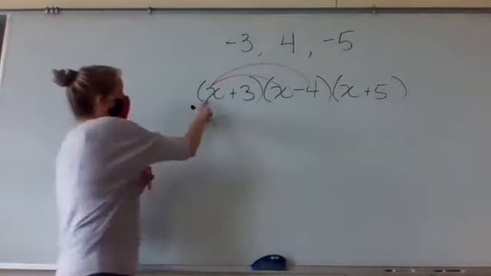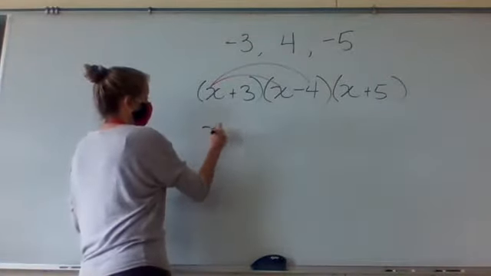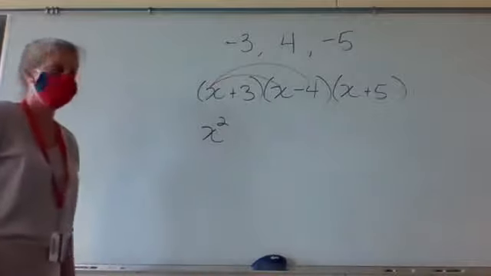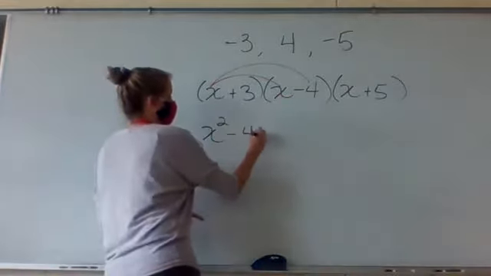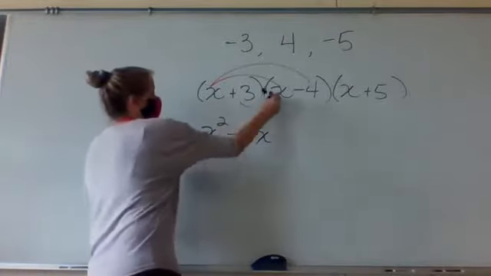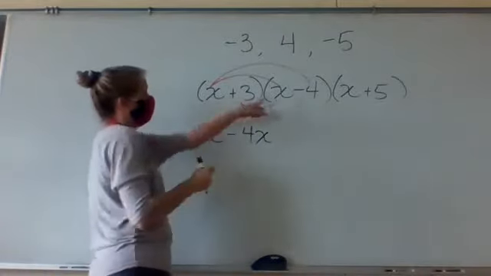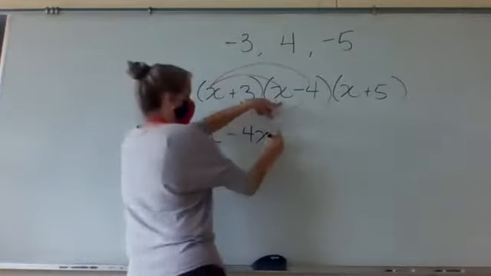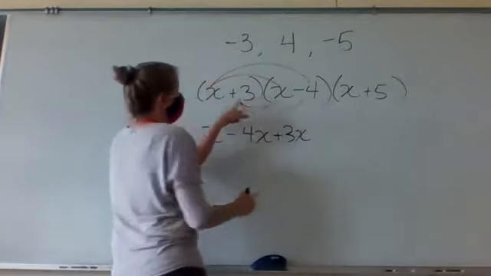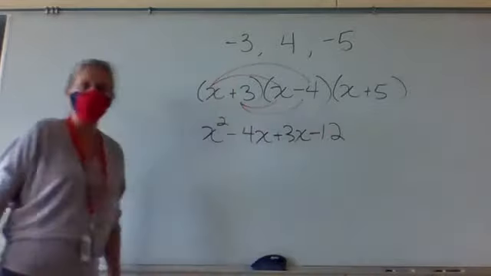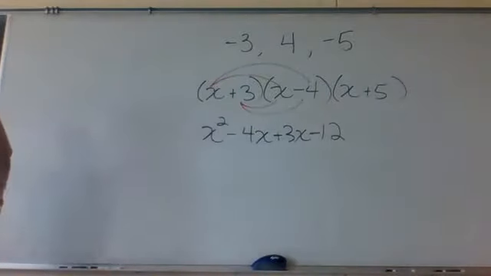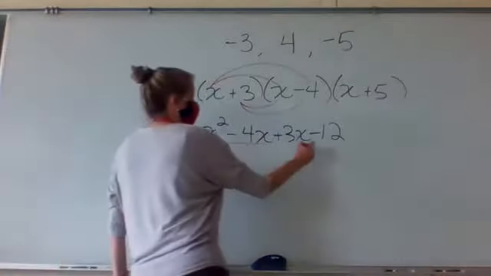My first, x times x gives me x squared. X times -4 gives me -4x. Then my inner and last, positive 3x. Positive 3 times -4 is -12. What happens with the -4x and the 3x?